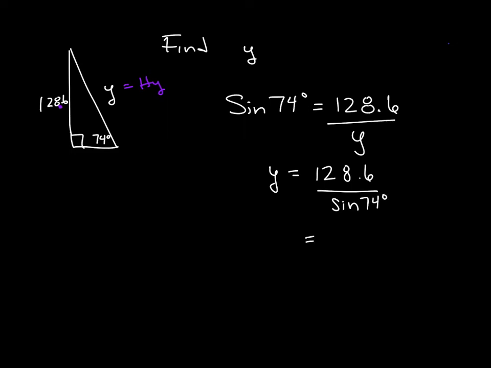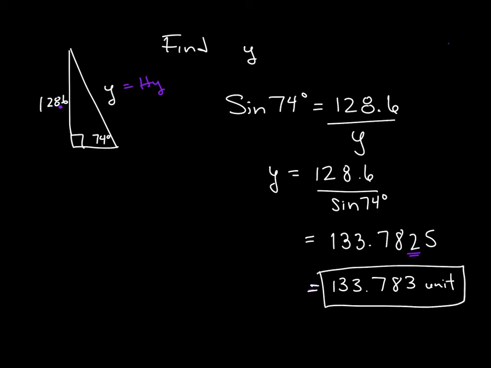Put that in your calculator just as it is, and you're going to go ahead and get that this is equal to 133.7825. We want to go ahead and round this to 3 decimal places, or the thousandths place, which means we're going to round up in this case, which will give us 133.783. And there's no units in this. We're just going to go ahead and write that as units.